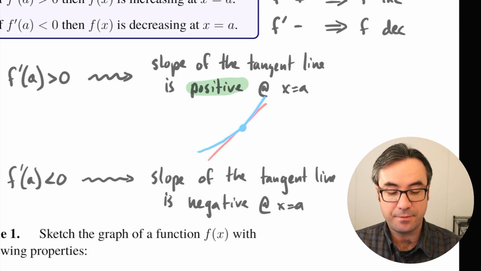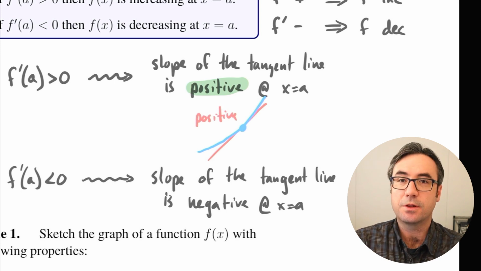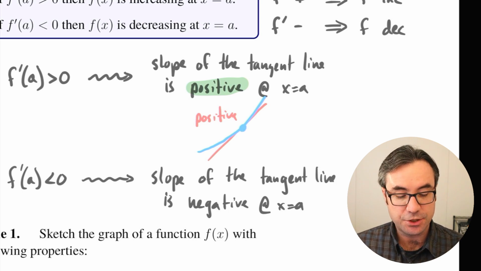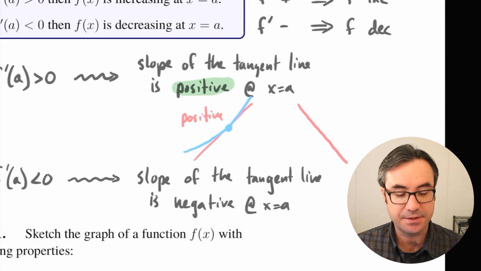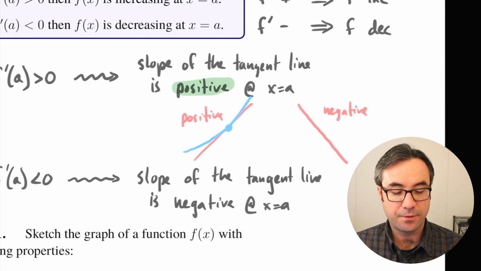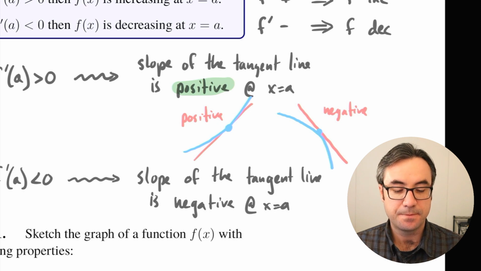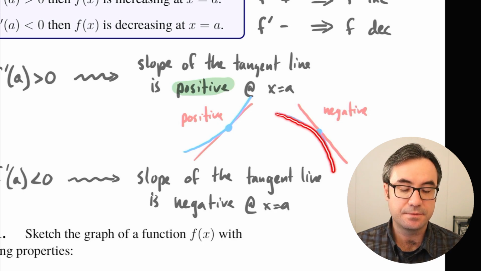And so if we have positive slope, this is what our tangent line would look like. And if we have a negative slope, it's going to be going in the opposite direction. So if we have negative slope, we'd have something that looks like this. And as an example for what our curve would look like, maybe it looks something like this. And we see that it's decreasing.